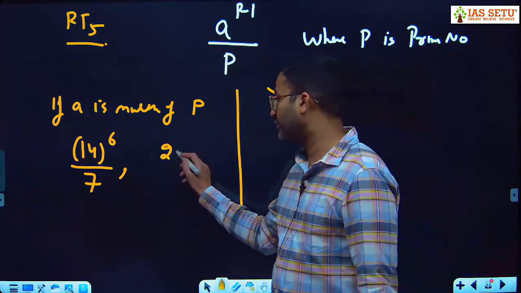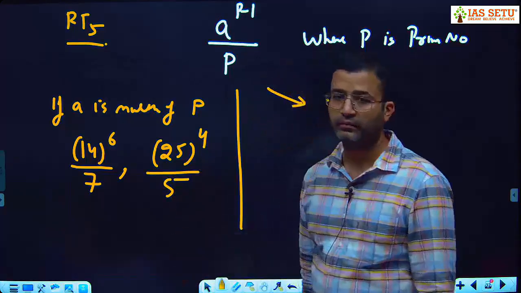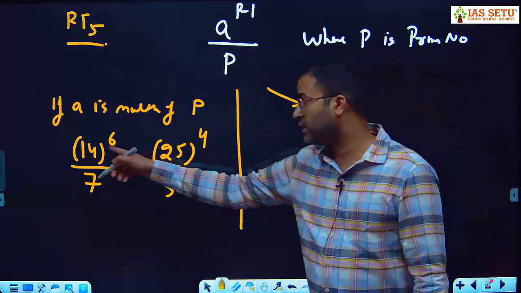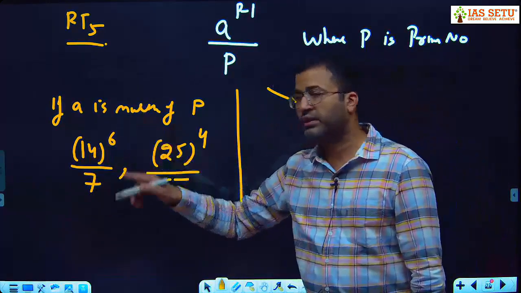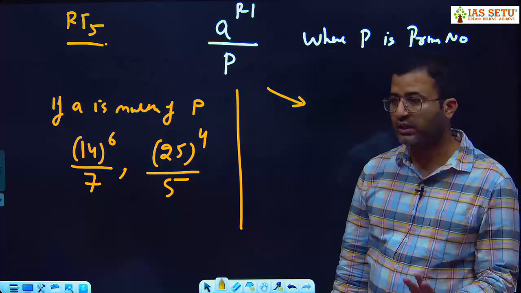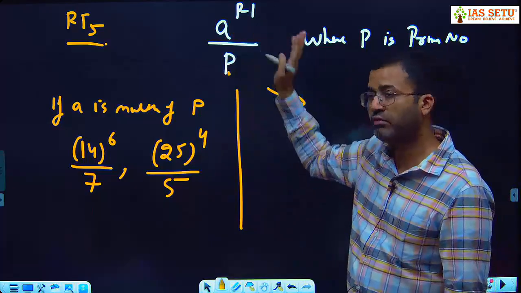Like 25 to the power 4 divided by 5. Denominator is prime number, power is 1 less, and your numerator is a multiple of this. Is this clear?